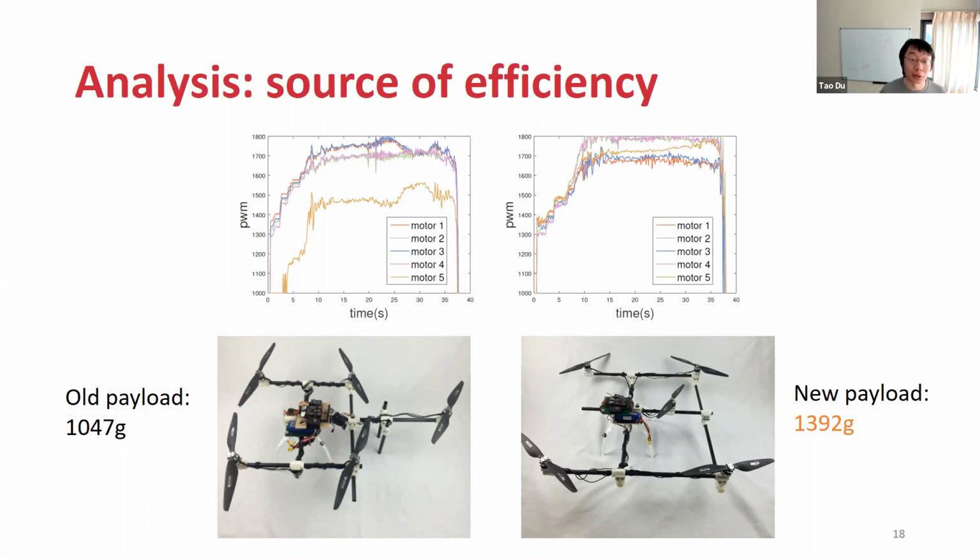Here we recorded the PWM number, which is proportional to the thrust provided by each of the propellers during the flight test. And as you can see, for the original design, there is some room for improvement for rotor number 5 in the front, as it is not reaching its maximum value for the thrust.